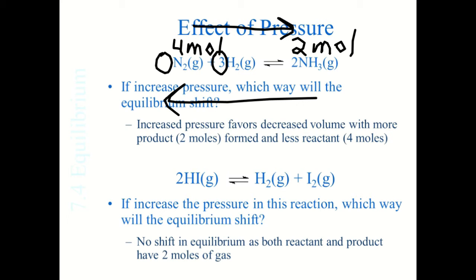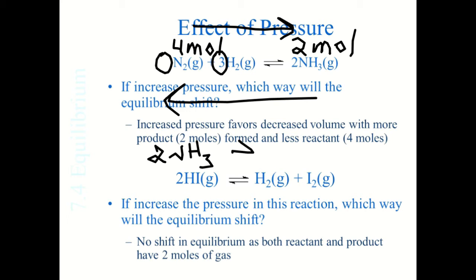Would they switch it sometimes, like put the product on the other side in the reaction? Now they could write the reaction in the reverse direction, but then the NH3 would become the reactant.